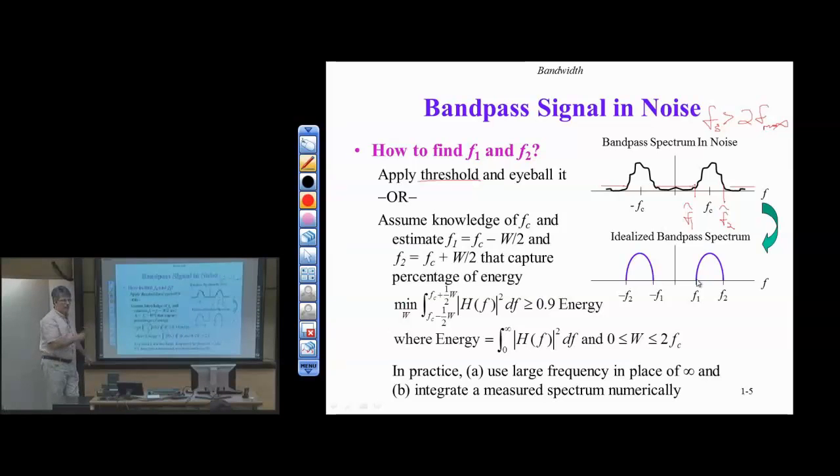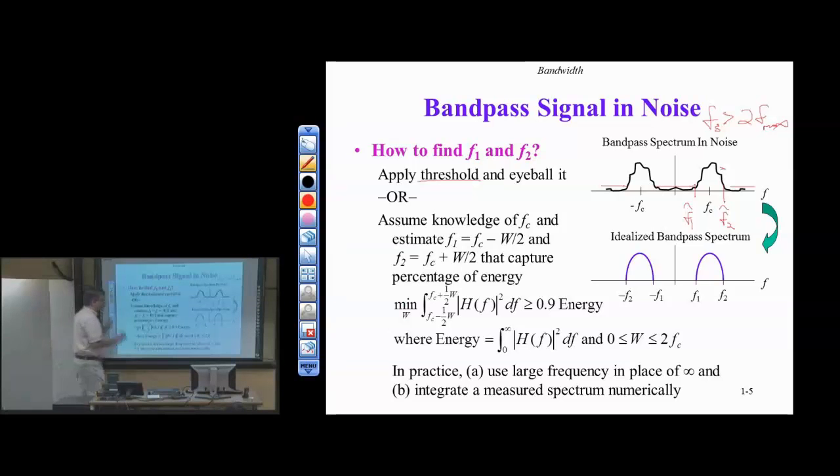Or anytime we apply the standard sampling theorem, we want 2 times F max. And it's strictly greater than according to the theorem. Now we'll talk about in lecture 4, there are some ways we can make that greater than or equal to. There's some risk in there, but the standard statement of the theorem is greater than 2F max.